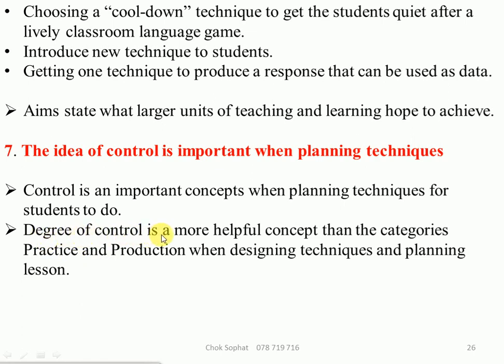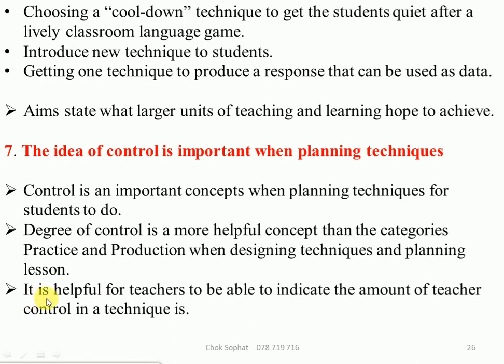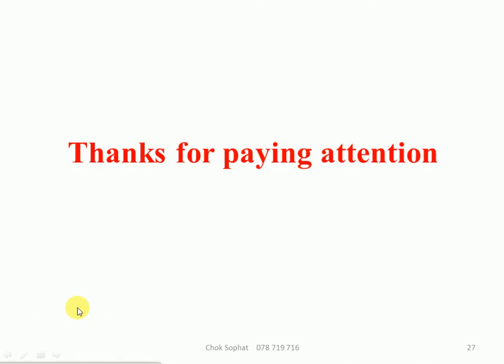Degree of control is a more helpful concept than category, practice and production, when designing techniques and planning the lesson. It is helpful for the teacher to be able to indicate the amount of teacher control in the techniques. So you have to indicate the amount of your control while students are doing the techniques.